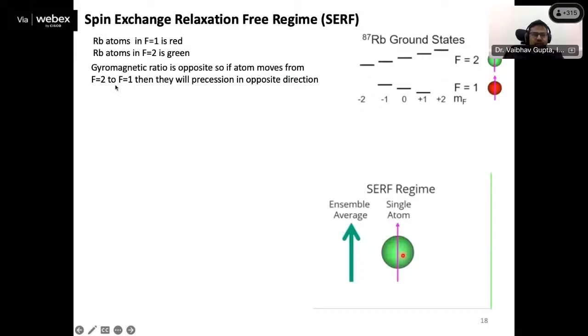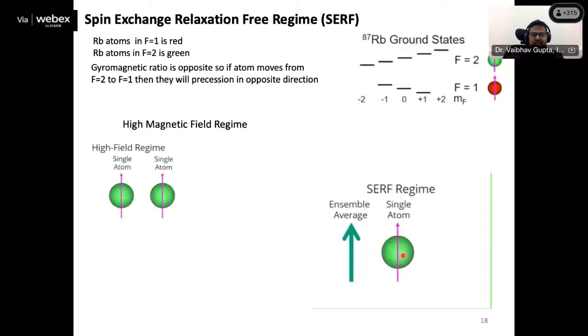If an atom moves from F2 to F1, the precession will start happening in the opposite direction. So these are three basic conditions we first assume. F1 we show with red color, F2 we show with green color, and suppose they were moving like this in case of F2. Once they jump from F2 to F1, they will start precession like this.